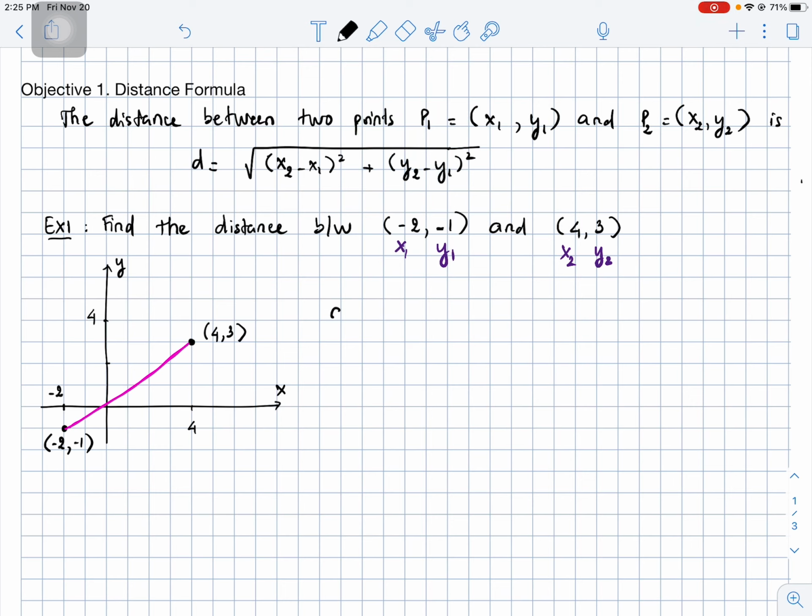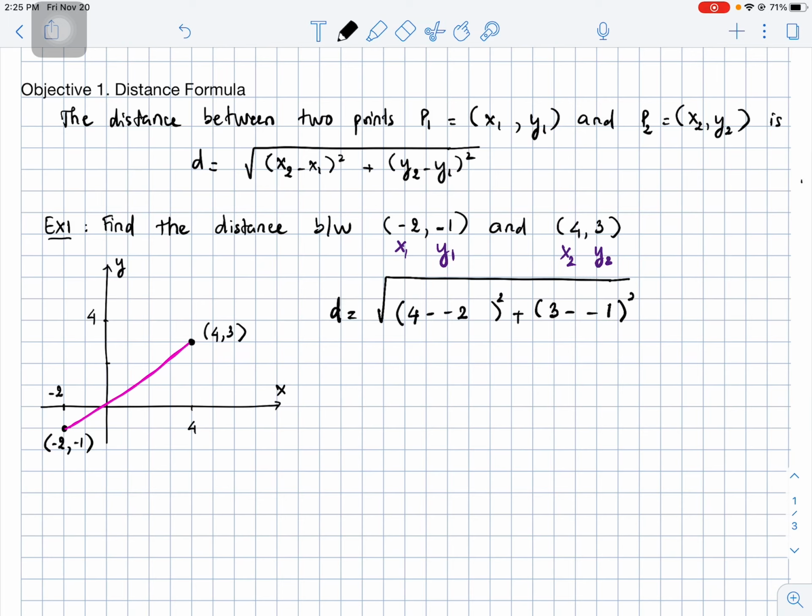Then the distance equals the square root of x2 minus x1, and y2 minus y1, and then you square. So x2 is 4 minus -2 and y2 is 3 minus -1.